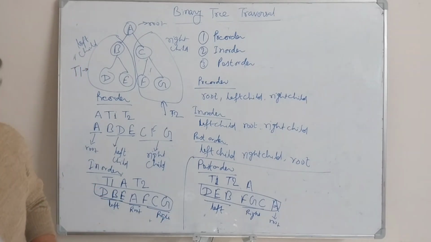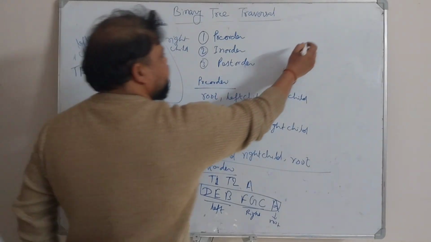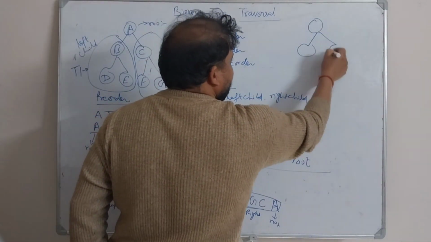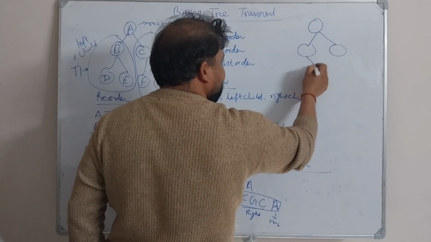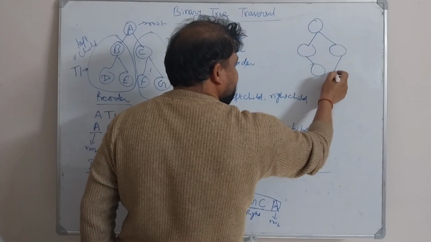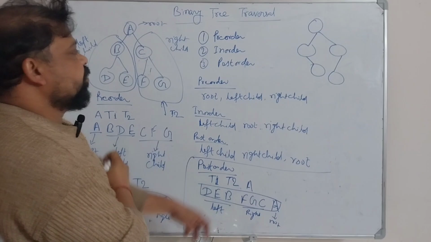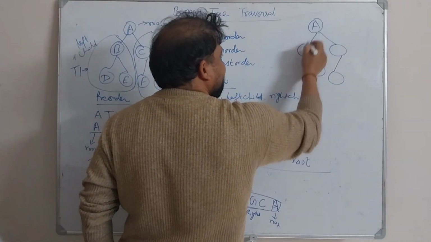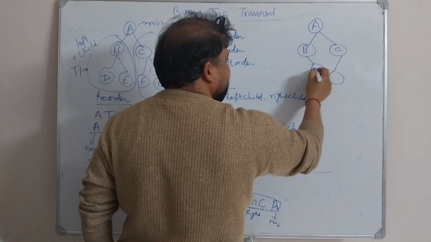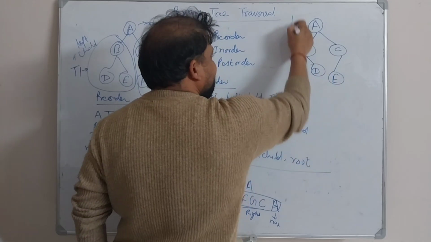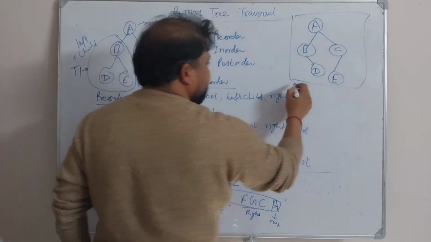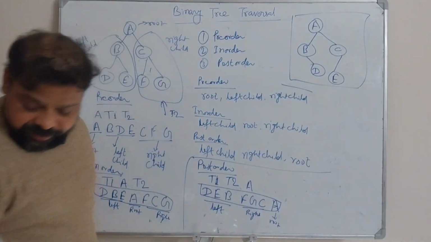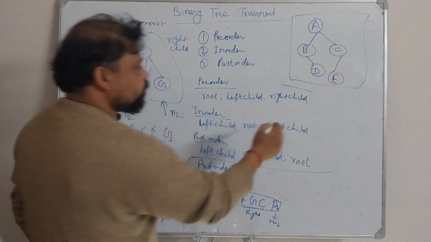So for example, I am making a tree here in the simplest manner. This one is the tree and you have to traverse it, with nodes A, B, C, D, E. It is another example I am taking to traverse a tree. So in that case, what will happen?